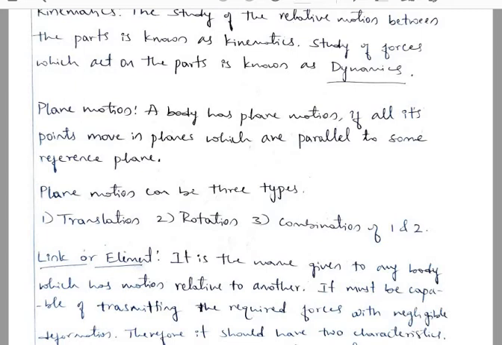For example, when we take a duster rubbing over the board, we can say the motion of the duster is plane motion because it is parallel to the plane of the board. This is how plane motion can be understood.